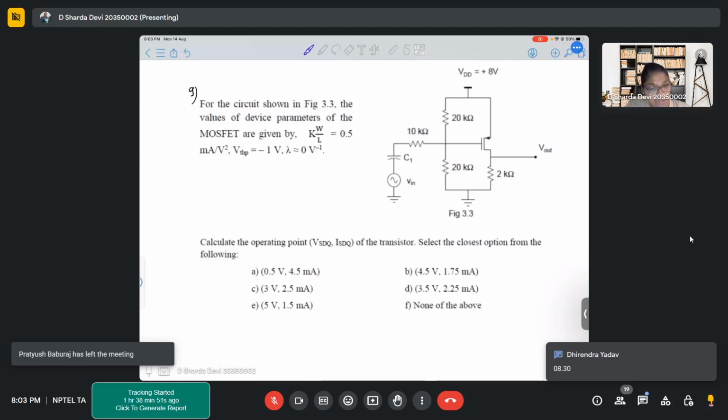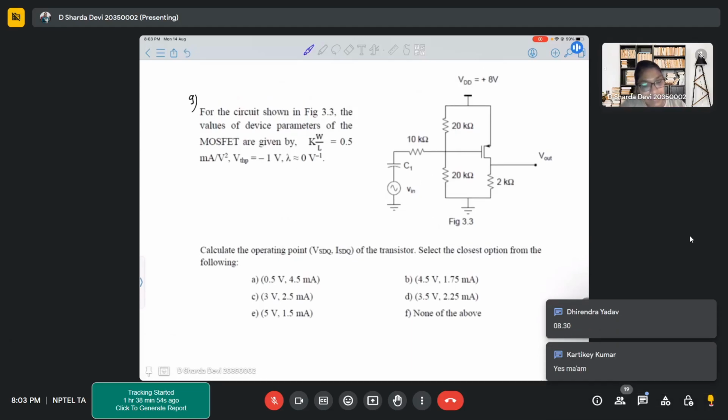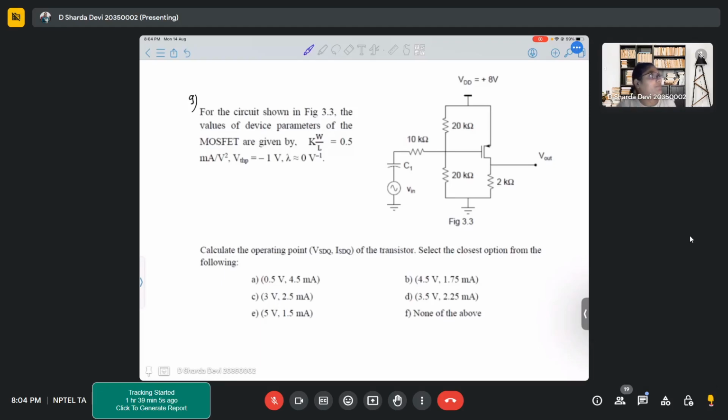Yeah, okay. So in this next problem, it is given that the MOSFET has, see, here in this particular question, it says kW by L. Now if it is kW by L, then whether you have to consider ID equal to kW by 2L VGS minus VTH whole square, or ID equal to kW by L VGS minus VTH whole square, that is something that actually confuses.